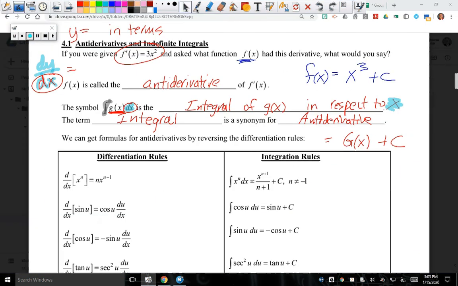Okay, so now we're going to go to reversing differential rules. You tell me, does a relation exist between those two things? Well, that's the inverse. Okay, it's an inverse.